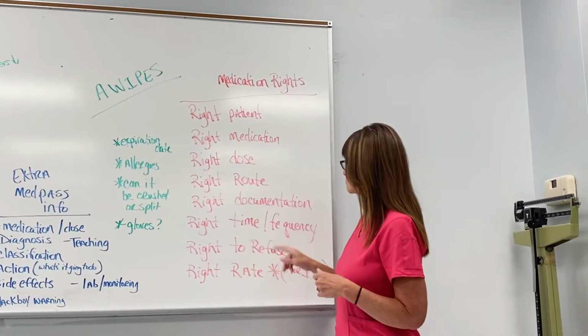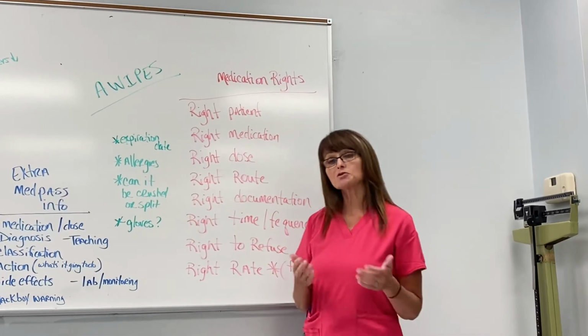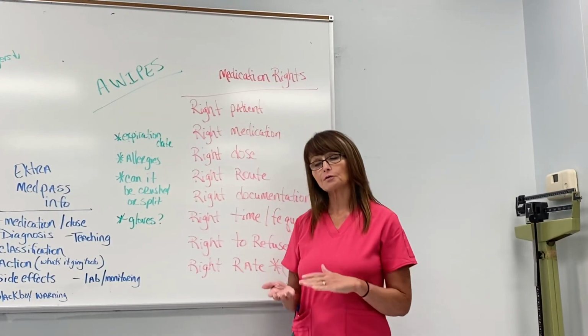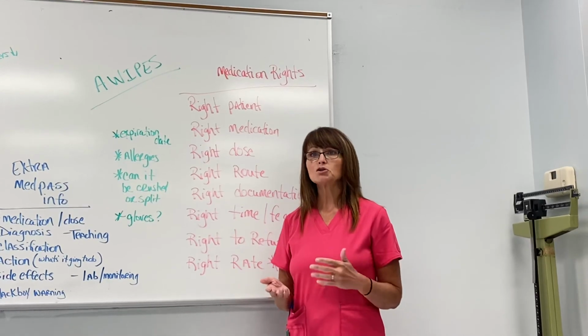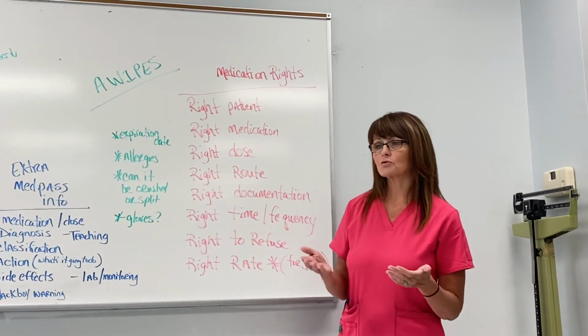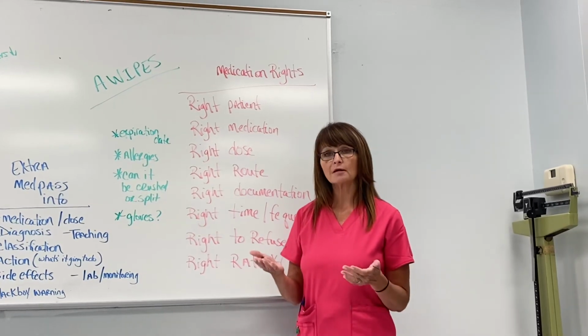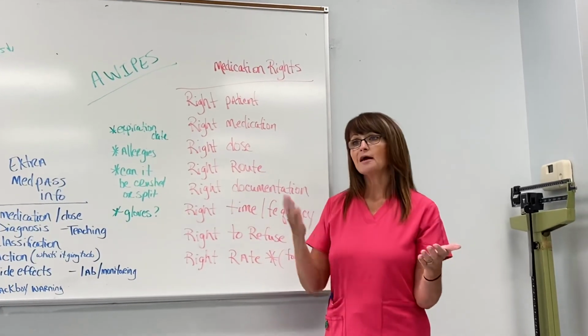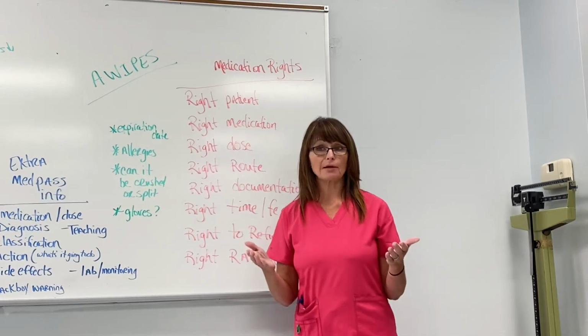The right time and the right frequency. You want to be sure that you're giving it in the right time frame that has been ordered for that patient. Usually in acute care settings, you've got a 30-minute window. Say if the doctor orders something at 8 o'clock in the morning, then you've got between 7:30 and 8:30 to get that into that patient.